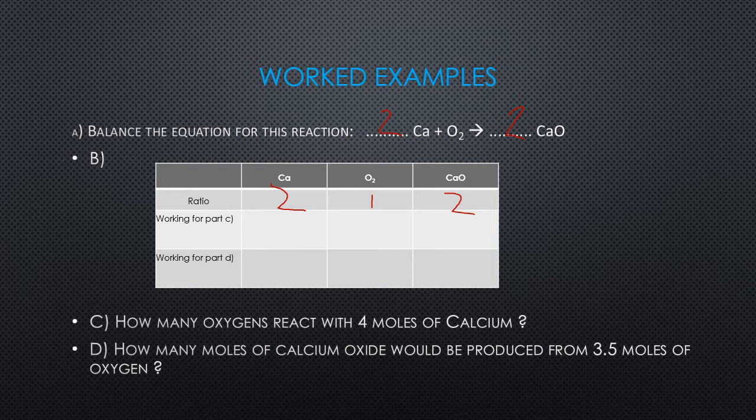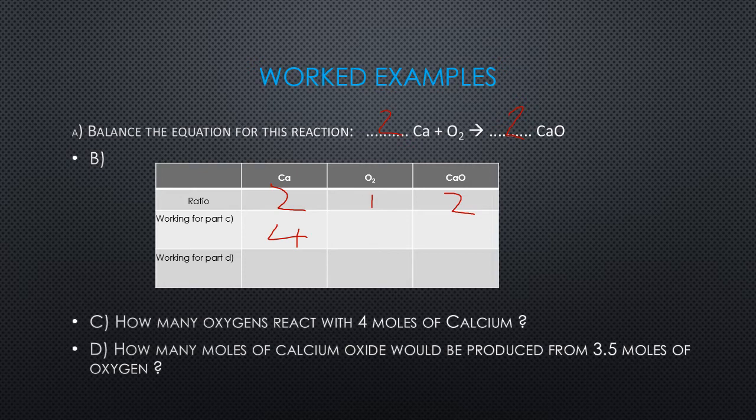How many oxygens can react with 4 moles of calcium? Okay, so if we have 4 moles of calcium, let's put that in. How many oxygens react with 4 moles? Well, we can look at the ratio above. We've got 2 to 1. Therefore, 2 is half of 1... 1 is half of 2.